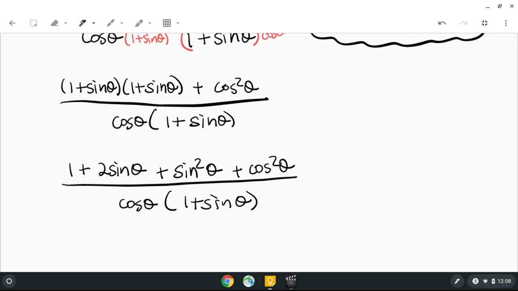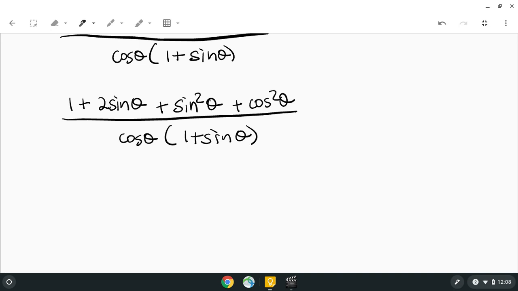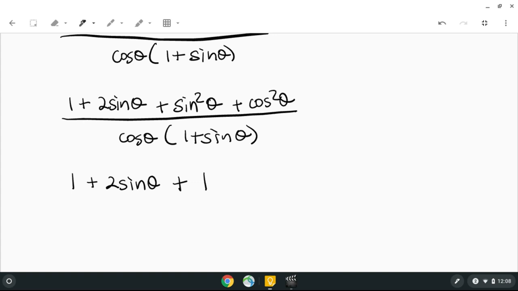Okay, so we have sine squared plus cosine squared. What is sine squared plus cosine squared? Sine squared plus cosine squared is 1 from the Pythagorean theorem, right? So we have 1 plus 2 sine theta, and sine squared plus cosine squared is 1, so that gets rid of them.